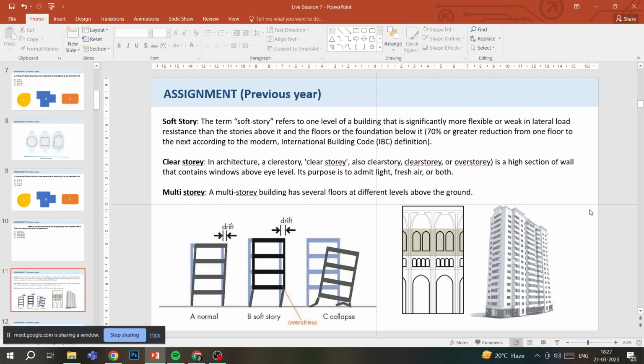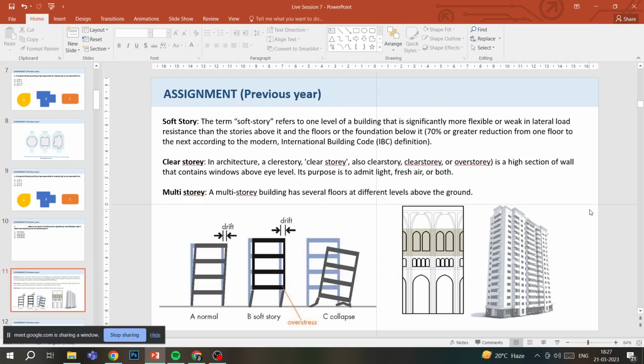So the floors or the foundations or these wall columns, whatever is in this soft story, which is not as strong or as rigid as the above stories, can get damaged when you have an earthquake or other kind of disaster, because it cannot take as much load as the above stories are taking.